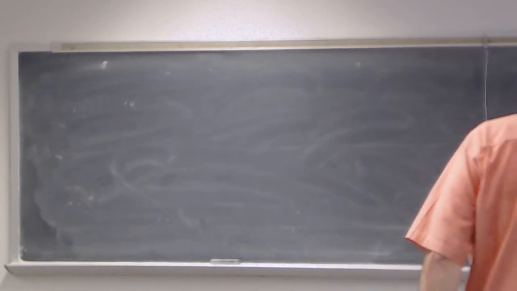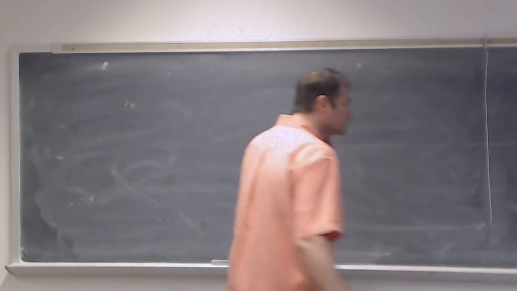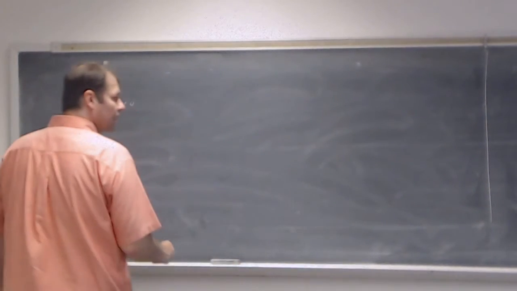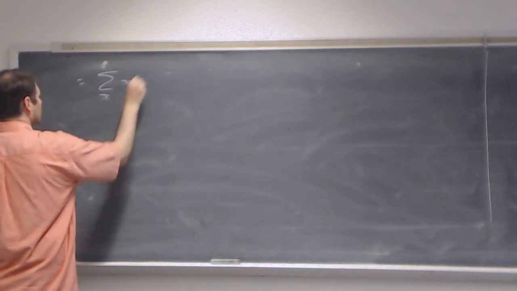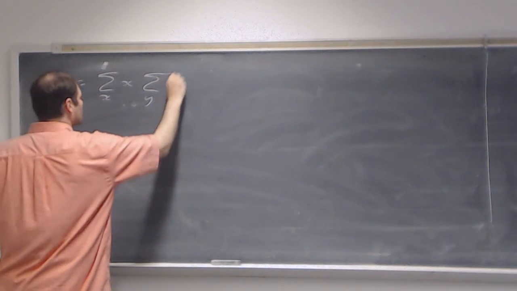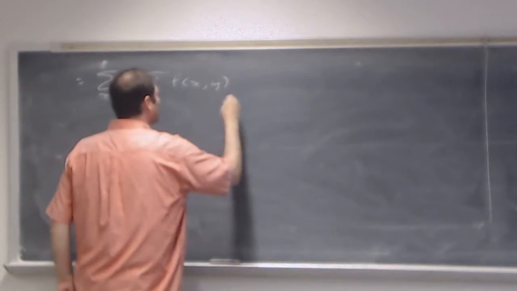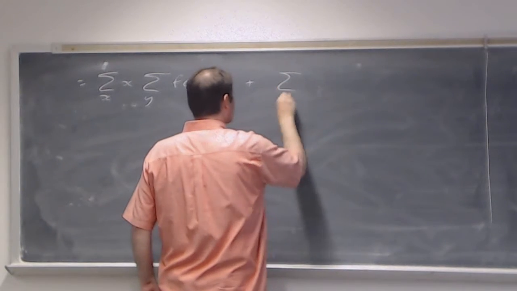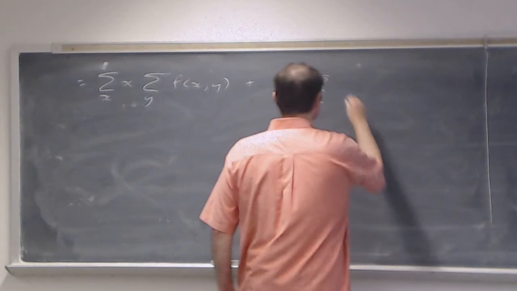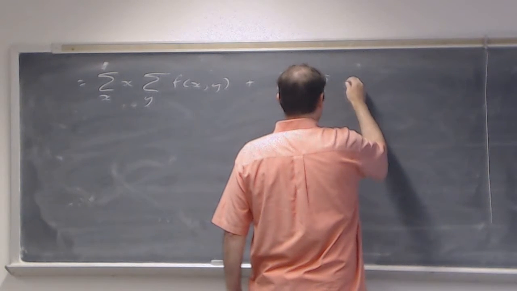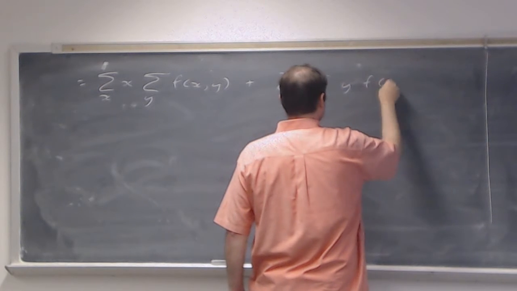In the first double sum, the x can be pulled out. In the second sum, I'm going to change the order of summation, so I'm going to have y f of x comma y.